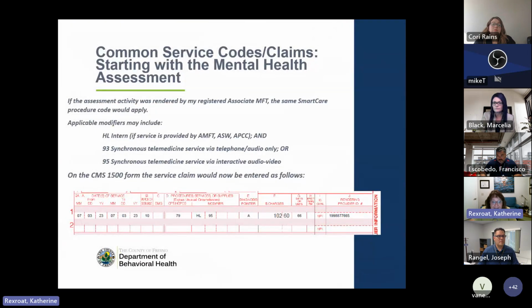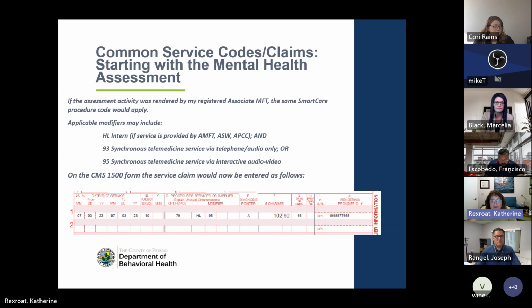So in this case, because it was my registered associate and it was done via telehealth, I am going to add modifiers. Anytime an associate provides a service, you will use the HL modifier. That means intern. So in DHCS land, registered associates are known as interns.